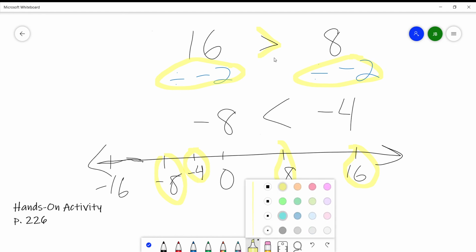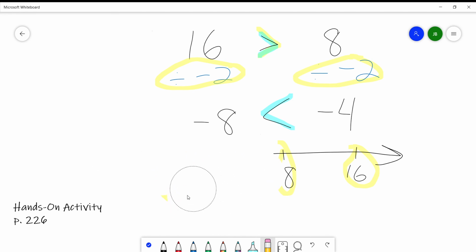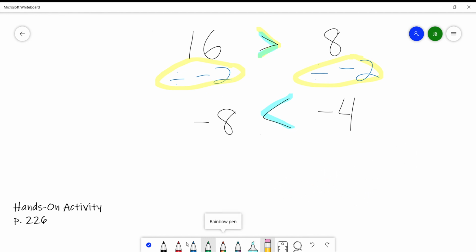Compare and contrast. When we did the same thing to both sides, our inequality did not stay the same. The numbers both transformed, but what happened? The inequality sign must change directions. When we multiply or divide by a negative, the inequality sign changes directions because -4 is greater than -8.